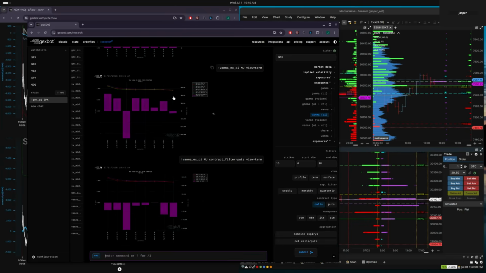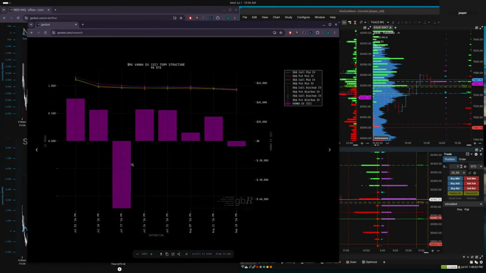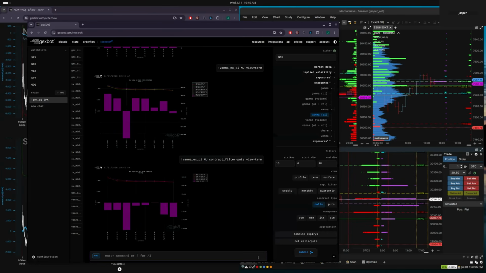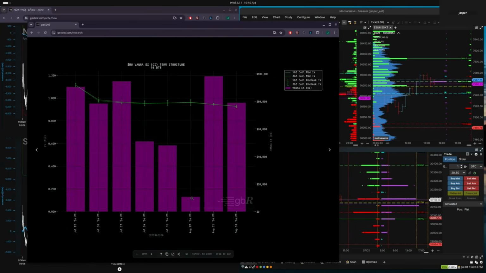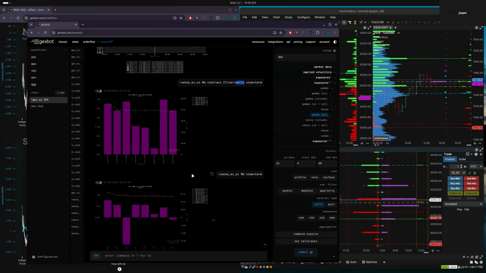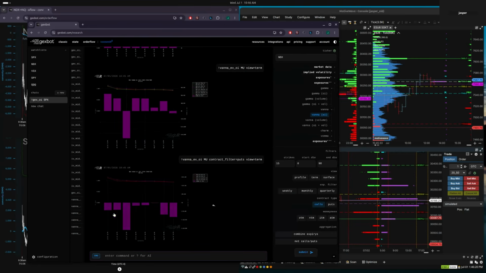This view is just the term view, which is netting out calls and puts Vanna. And then this view has the calls, so it only has the call Vanna exposure in there. And the last one is puts, so it only has the put Vanna exposure.